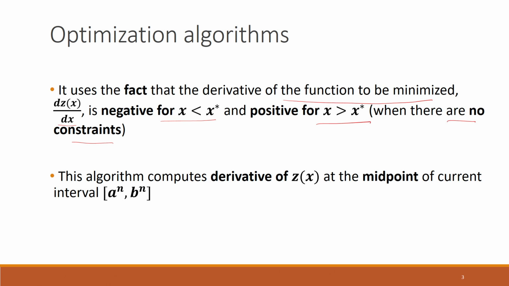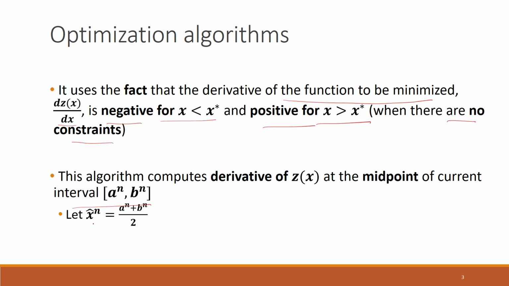This algorithm computes the derivative of the function z(x) at the midpoint of the current interval [a_n, b_n]. Suppose we are at the nth iteration and the current interval is [a_n, b_n]. The algorithm will determine the derivative of this function at the middle point, and depending upon whether that is negative or positive, we can decide that the optimal solution should lie in one of the halves of the current interval, and therefore the other half can be discarded.